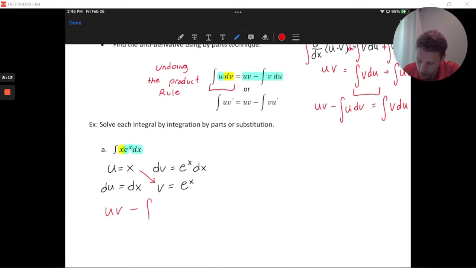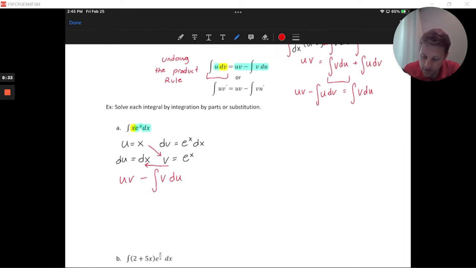And then we're going to take the integral of v du, which again would be an arrow right across. As long as we set it up just like this, we can remember that same pattern. We're going to take a uv product, minus the integral of v du.